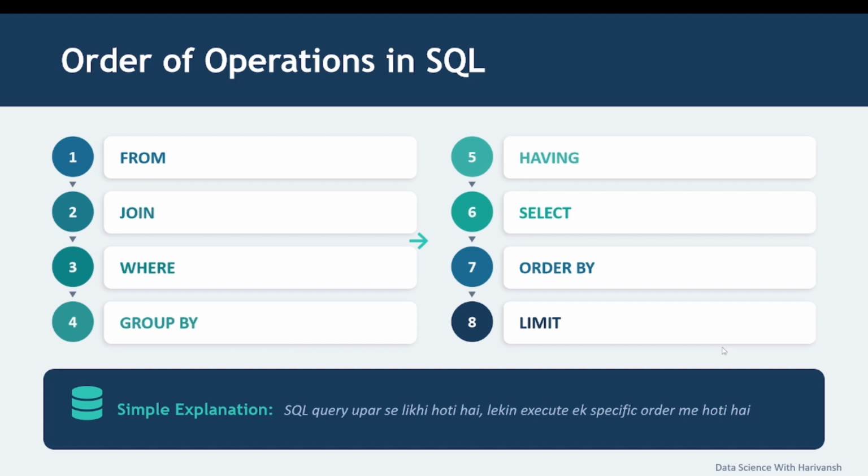The key takeaway from this slide is this: understanding SQL's execution order is not just theoretical knowledge. It has direct practical implications for how you write queries, how you debug unexpected results, and how you optimize query performance.